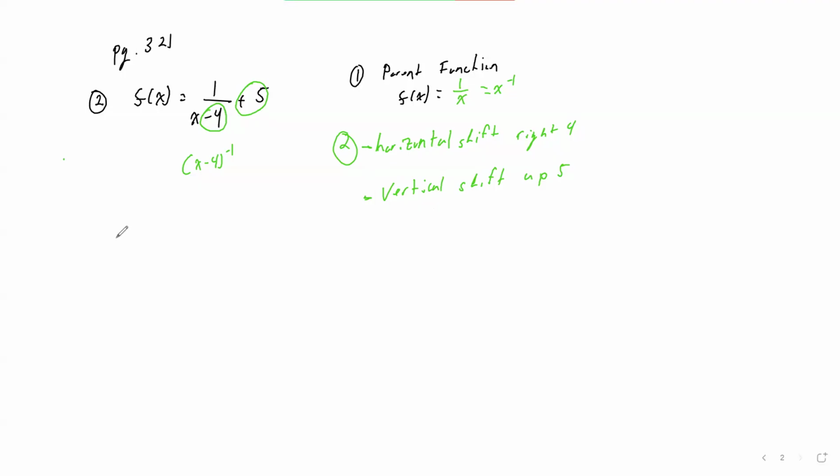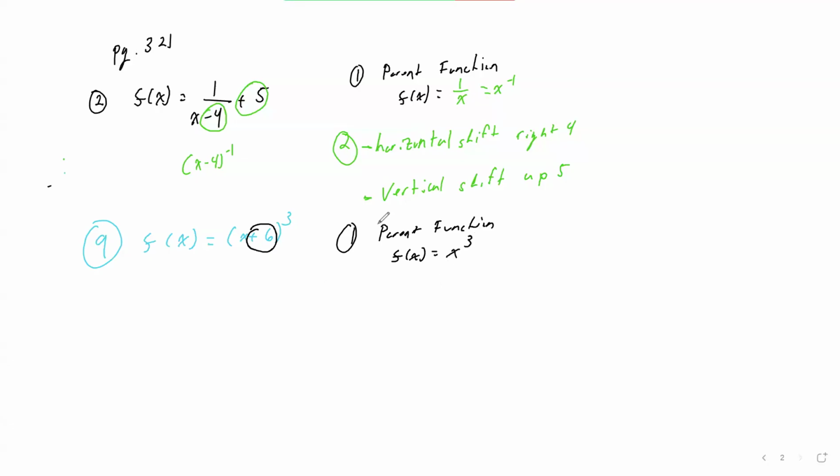Let's look at number 9. Number 9 says f of x equals x plus 6, cubed. Again, I'm going to circle what I think is important here, or different, which is the plus 6. So that means that my parent function is going to be f of x equal to x cubed.